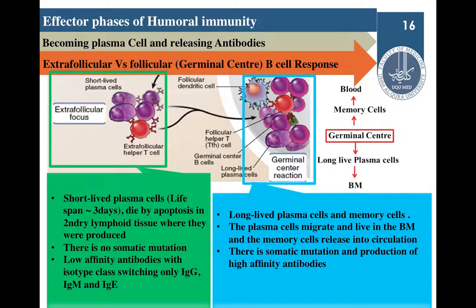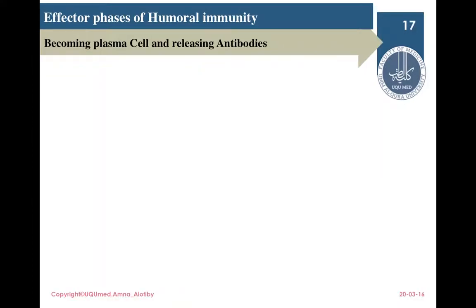I'll explain the somatic mutation and the high affinity antibody processes in detail. By the end of this process, isotype switching takes place, so the antibodies switch from the IgM class to IgG, IgD, IgE or IgA. As a result of this germinal center process, we get all 5 types of immunoglobulins.